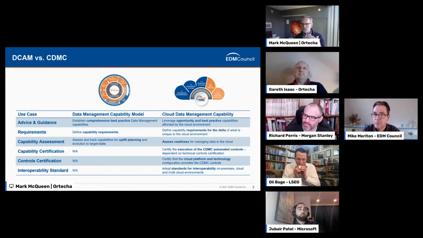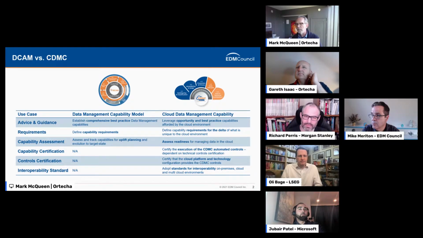Now, where CDMC becomes different than DCAM is DCAM stops with that assessment. You can go into a capability certification by using the CDMC framework, and then also a certification of the controls. And those controls are both the controls that are offered by the cloud environment, as well then your consumer of the cloud use of those controls in your environment.